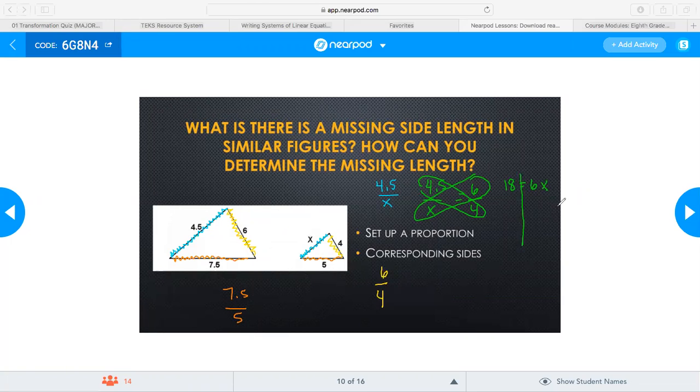Divide by 6. Yes. I know that because 6 and X are multiplied together, and you want to figure out what X equals. So to get rid of the 6, I'm going to divide by 6. So that means X equals 3. There's my missing side.